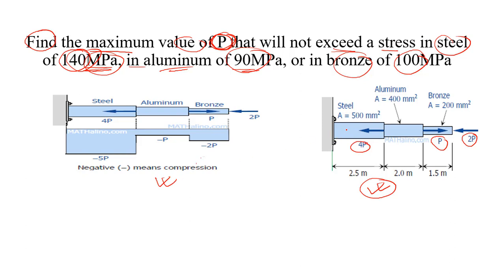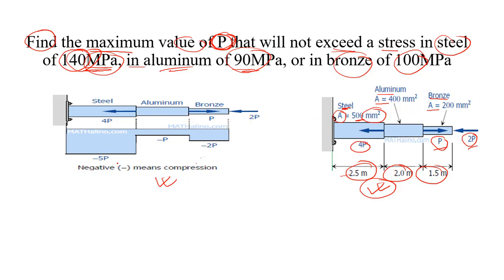At first we have to understand this: the steel area has been given in millimeter square, and the 4P direction has been given on the left side, and for aluminium and bronze the area and P and 2P have been given. The lengths are also provided in this figure. From this figure we have to understand how they have drawn this big figure.